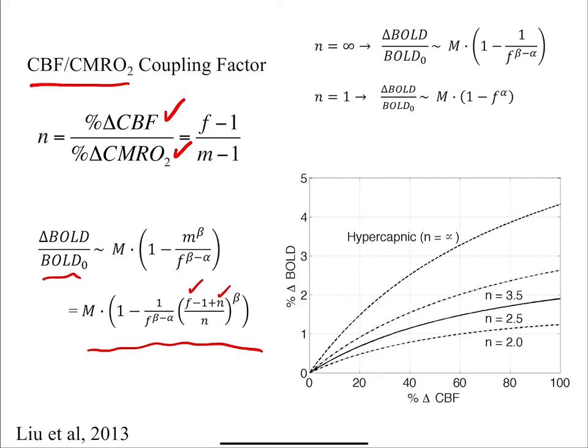The relationship between BOLD and CBF depends on that coupling ratio. How tightly coupled CBF and CMRO2 are is going to change your BOLD signal. For example, if they're coupled with a coupling ratio of 2, then I'm going to have this BOLD curve. But if the coupling ratio is 3 or 3.5, you see that for the same percent change in blood flow, I increase my percent BOLD change.